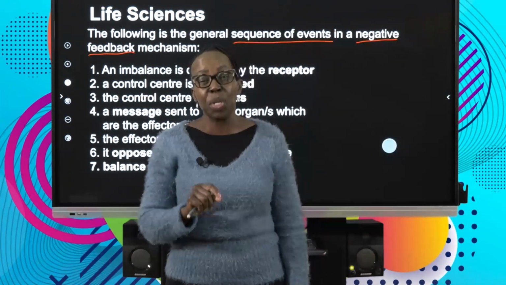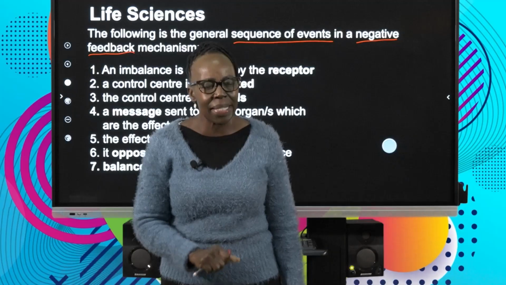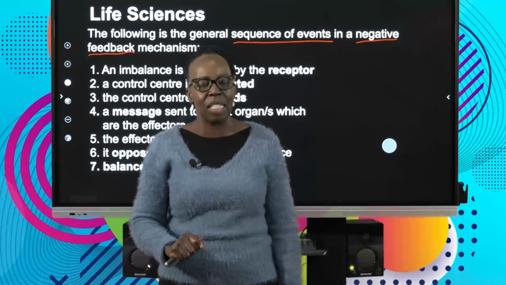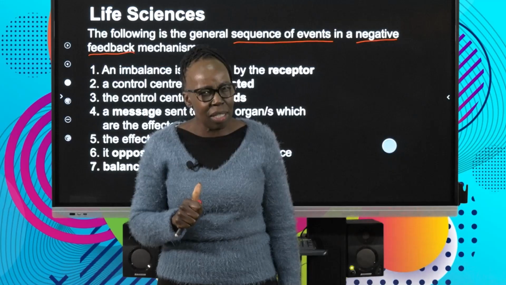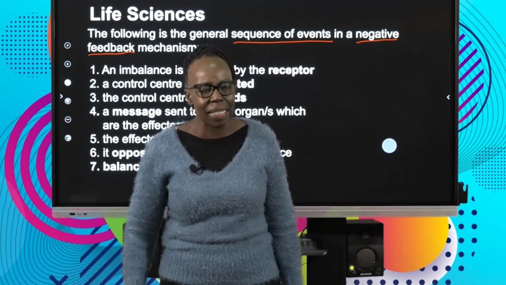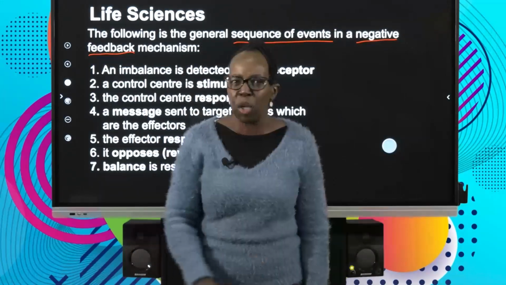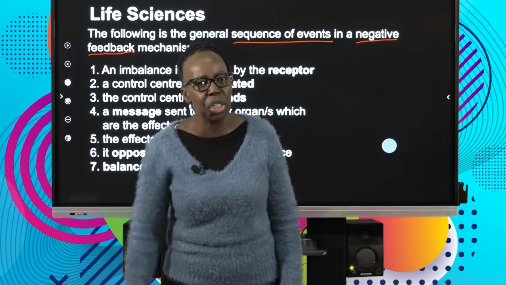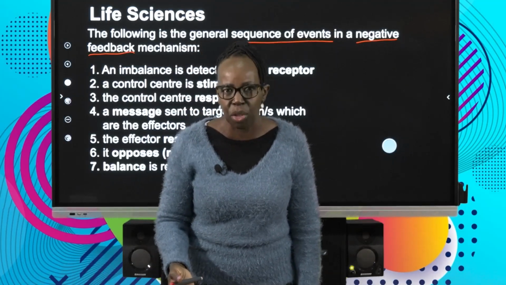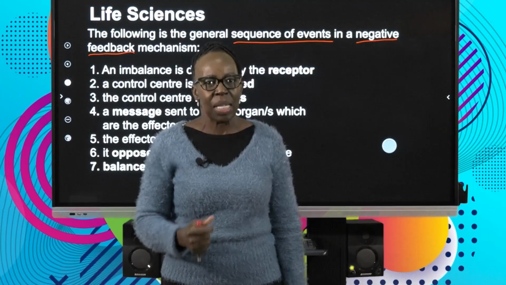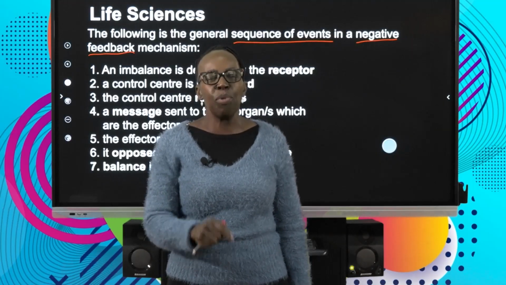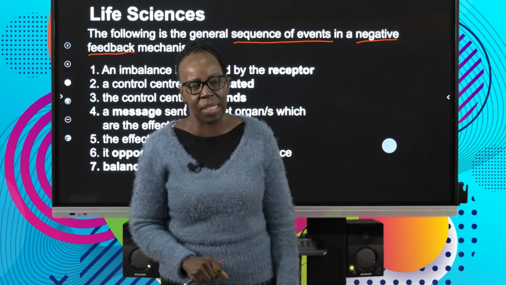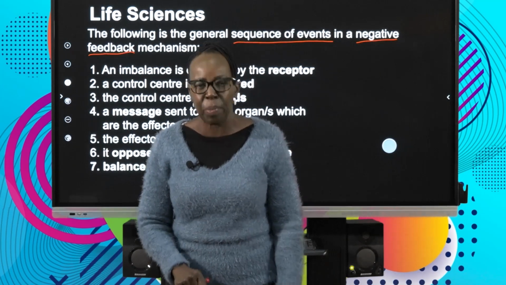They will help you remember when you are asked any question based on the negative feedback mechanism, whether it's on thermoregulation, osmoregulation, or sugar regulation, which we can also call glucose regulation. These 7 steps will help you to answer questions based on the negative feedback mechanism.